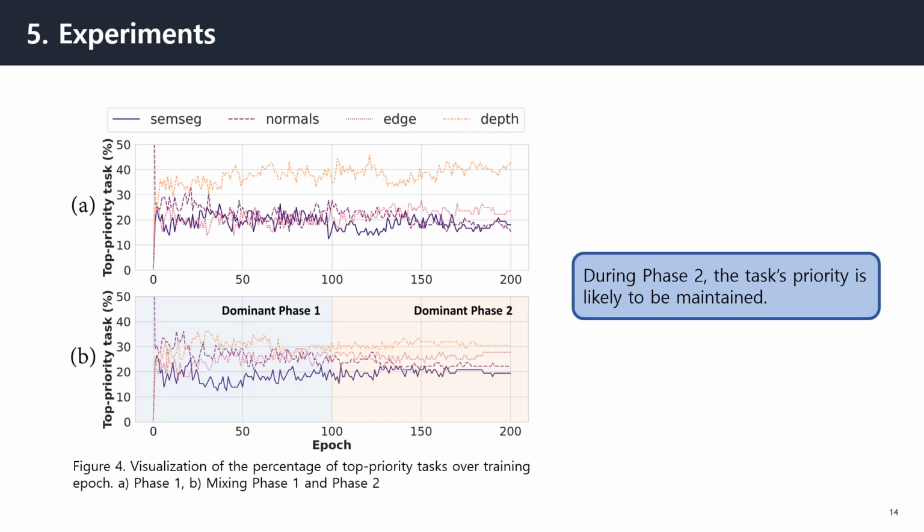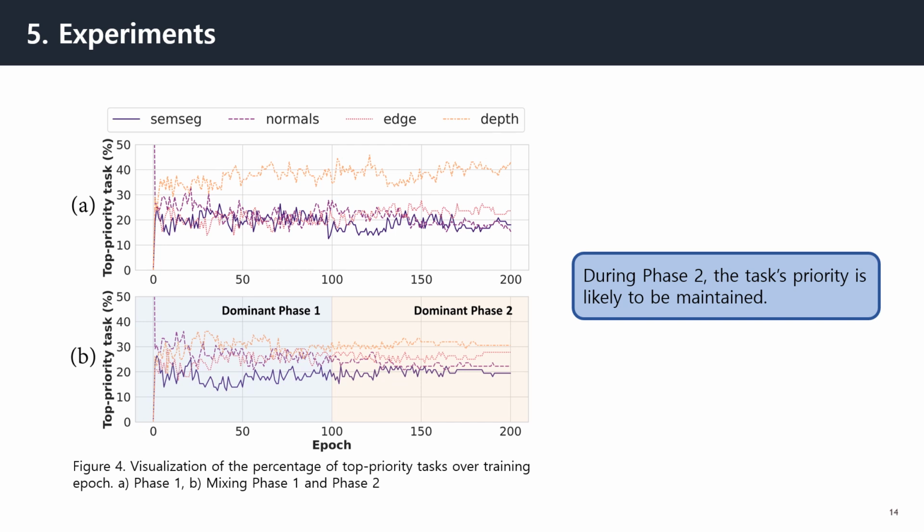During phase 2 of our optimization process, the priority of tasks is likely to be maintained. We assess the top priority tasks within the shared space of the network and visualize the percentage of top priority tasks in Figure 4. This visualization illustrates the extent to which each task holds priority over the output channels in the shared convolution layer.